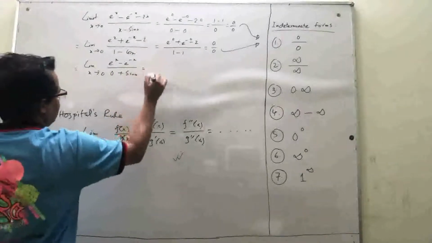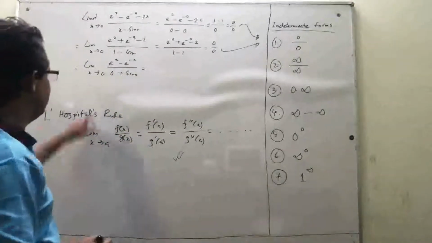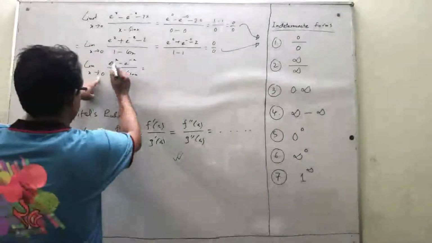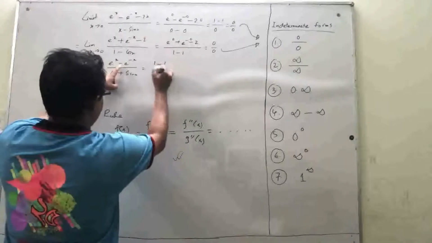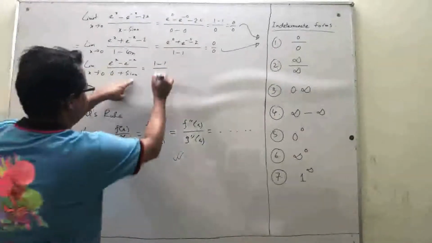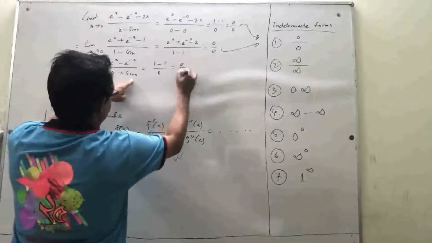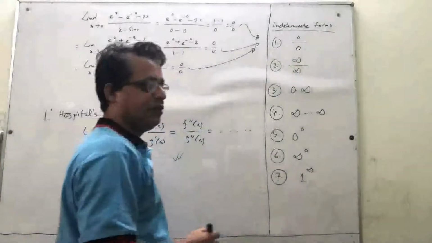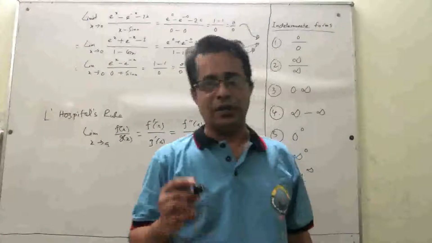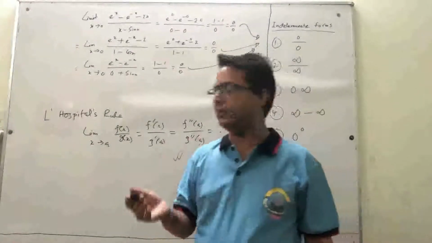The value of this function at x equal to 0: e to the power 0 is 1, minus e to the power minus 0 also 1, divided by 0 plus 0, 0 by 0, which remains unchanged. Then we will have to follow L'Hospital's rule again.